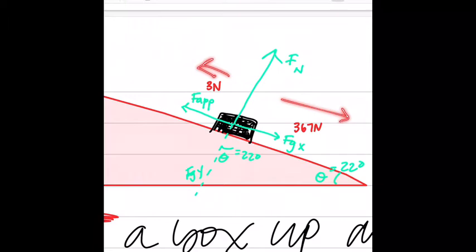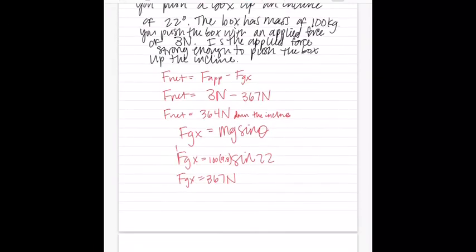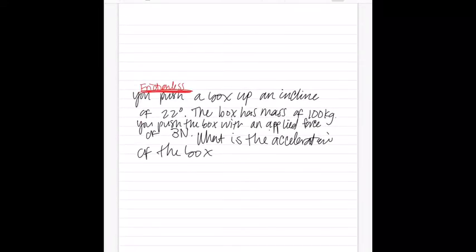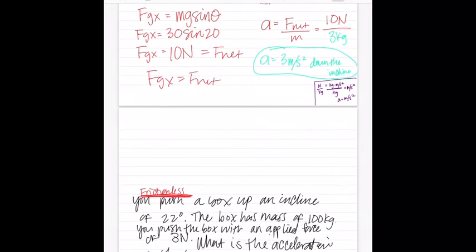So even though we were pushing up the incline, it was going down. So when we do the acceleration, the numbers will still say that it's accelerating, but all we have to say on the answer is the acceleration is the number we calculate, down the incline. So that's all we have to do with direction. We're not going to put negative or anything like that.